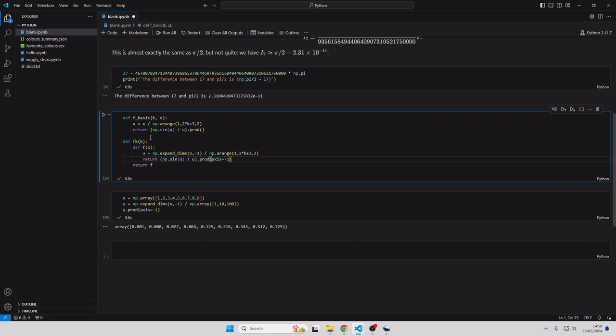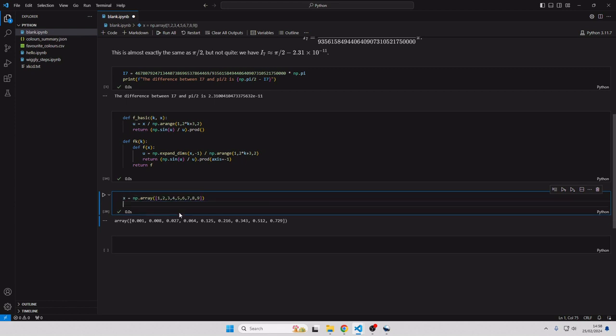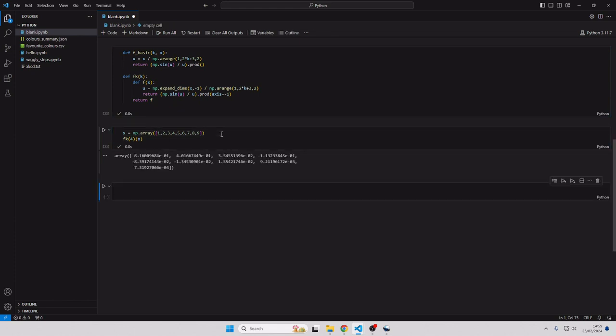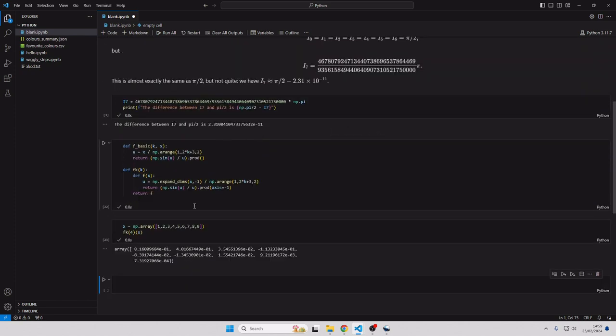So now we've got our fk, and this will now work. Let's use this x that we've got here, and we can do fk of 4x. And so now these fk's work on arrays.